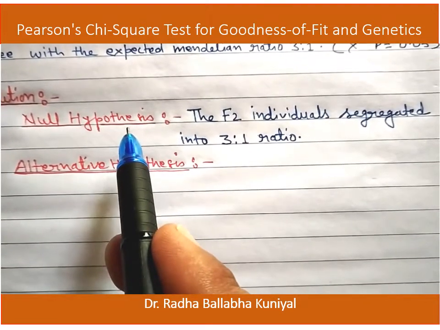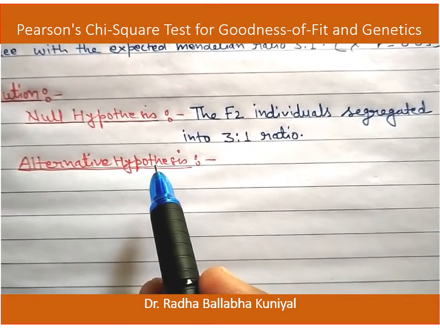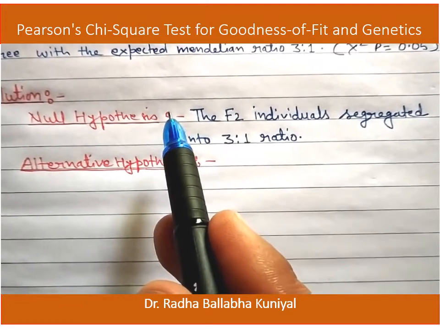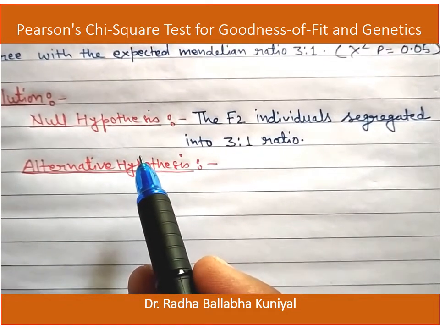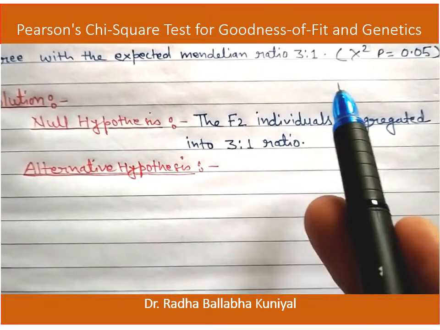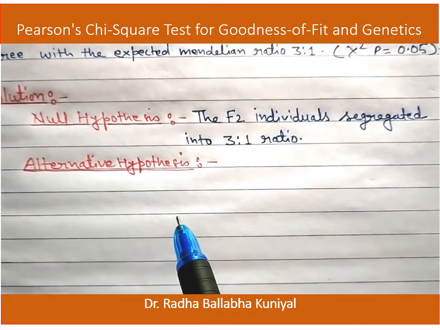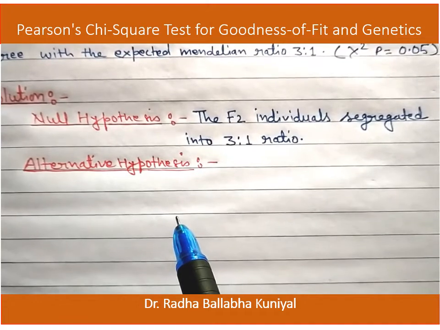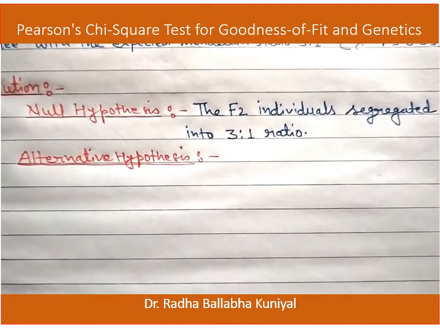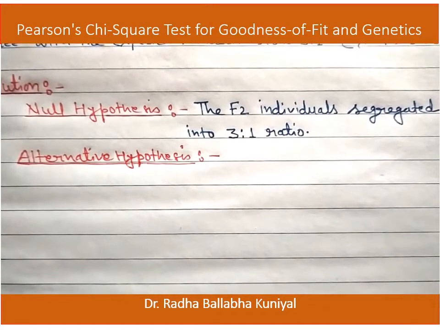After assuming the null hypothesis, now we have to write up the alternative hypothesis. As we know, the alternative hypothesis always contradicts the null hypothesis and states that there is a significant difference between two variables. So, here we can set up the alternative hypothesis as: the F2 individuals are not segregated into a 3:1 ratio, whereas they may be segregated into a 1:1 ratio.